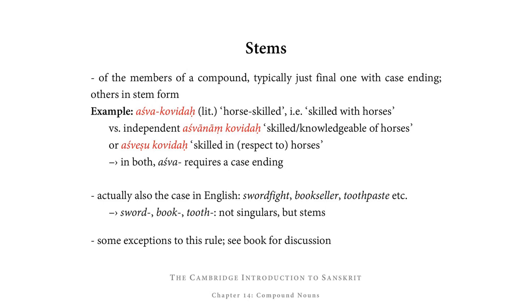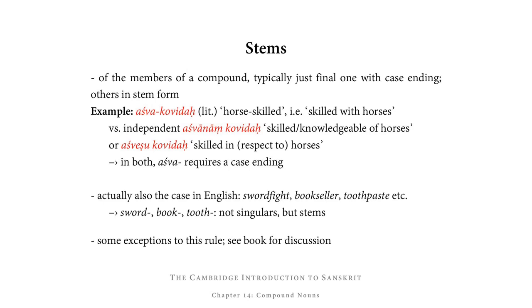This actually also is the case in English, but there it's hardly noticeable because there is little to no difference between a noun and the stem form of a noun. But if you look at compounds such as sword fight, bookseller, or toothpaste, you should note that a sword fight doesn't use just one sword, but almost by definition a sword fight will be between two or more swords. A bookseller hopefully is going to sell more than one book, and toothpaste, one would hope, is for more than one tooth.